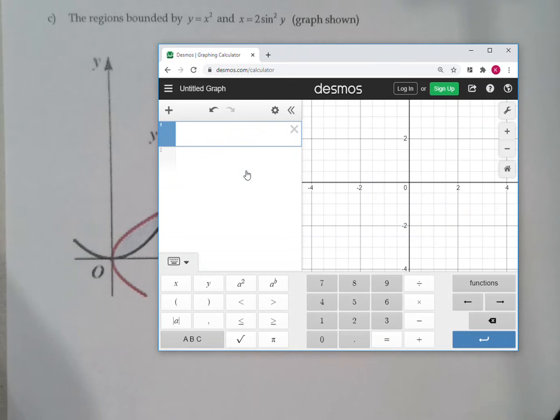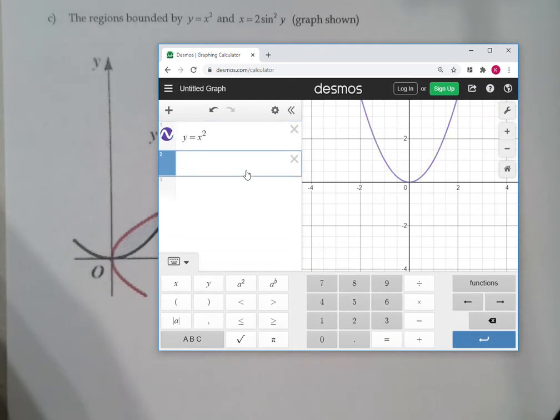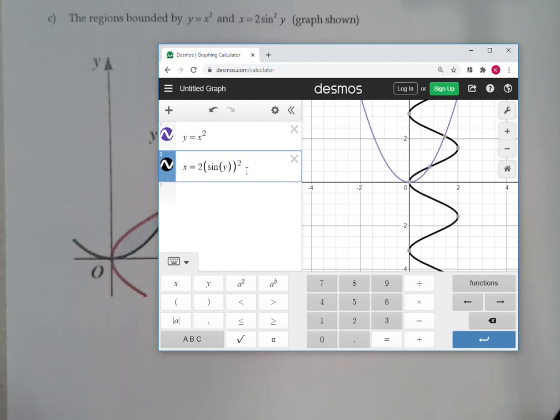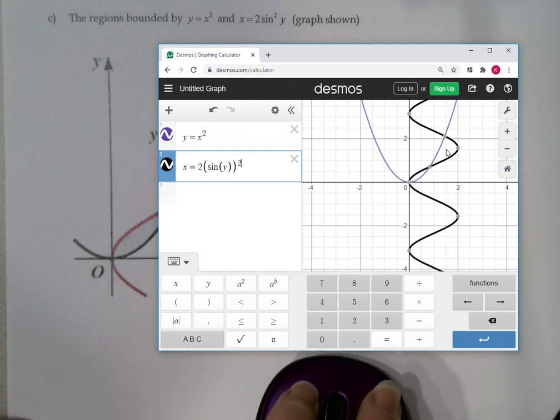If I've got y equals x squared for my first graph, and x equals 2 times sine y squared for my second, you can see the two pieces that we're talking about here and here.